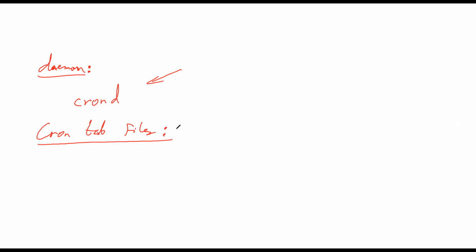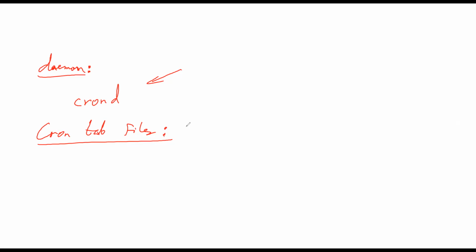Remember, the Unix way, pretty much everything is a file, and cron is no different. So there's no GUI, no point and click. In our example, remember the goal is for you to get really comfortable with the terminal and practice a lot.